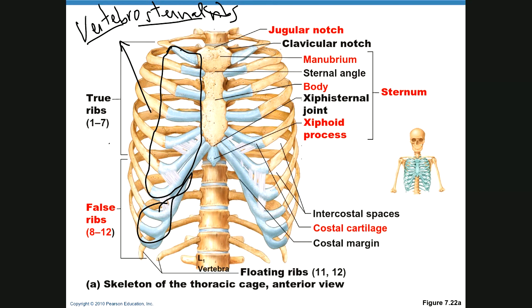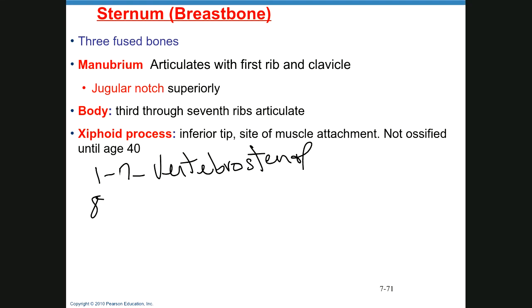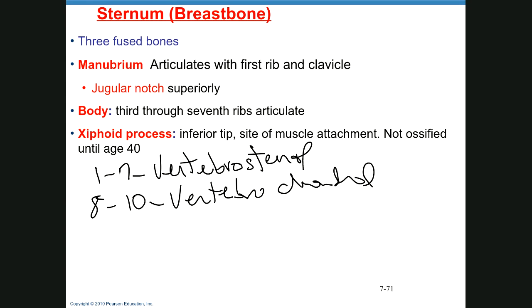So there's an indirect attachment to the sternum. These are going to be called vertebrochondral. So 1 through 7 are vertebrosternal. 8, 9, and 10 are vertebrochondral. 11 and 12 are floating ribs because they're not attached to the sternum.